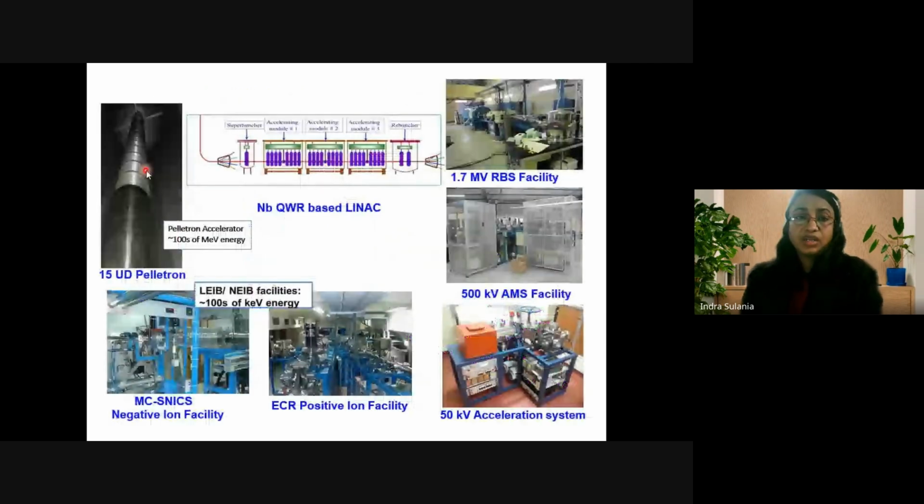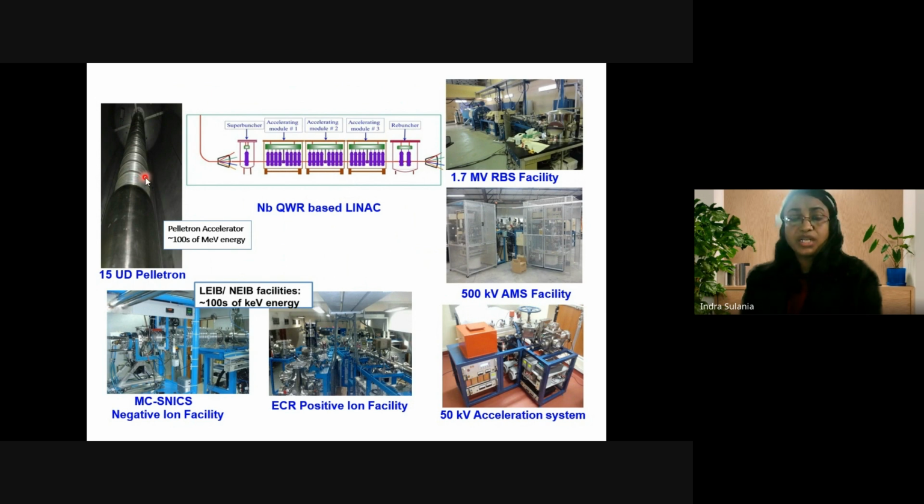So this is our accelerator, which is the 15 million volt unit double pelletron accelerator, and it has a multi-ring structure where the potential divider setup is kept, and the maximum voltage is put at the terminal. So just like a Van de Graaff particle accelerator, the maximum energy can be 180 million electron volts.